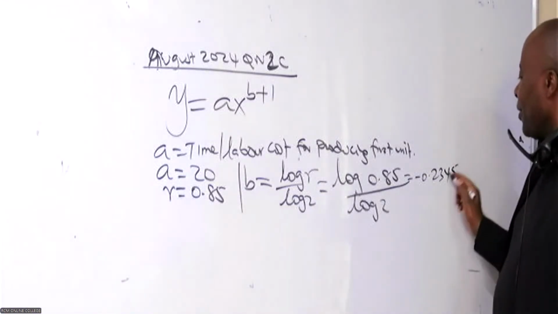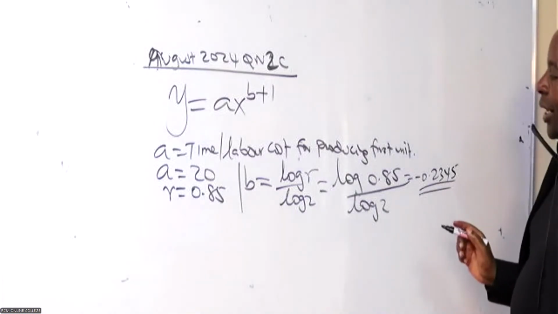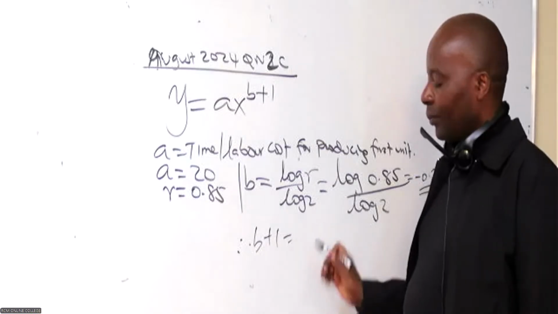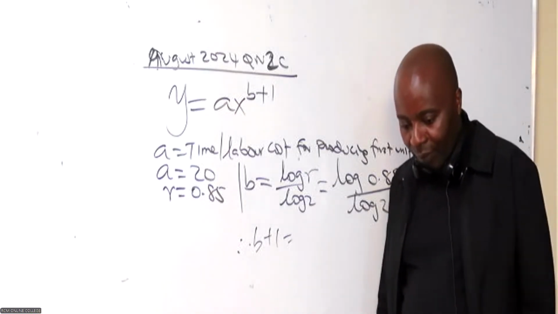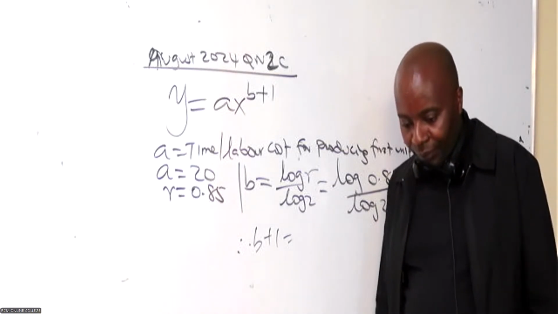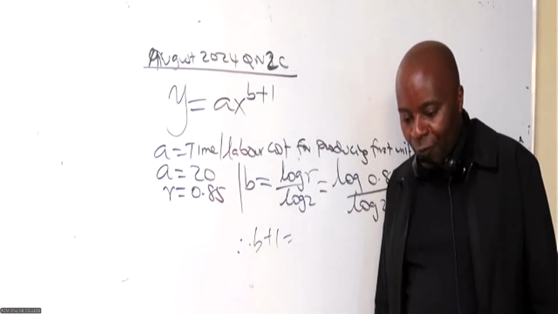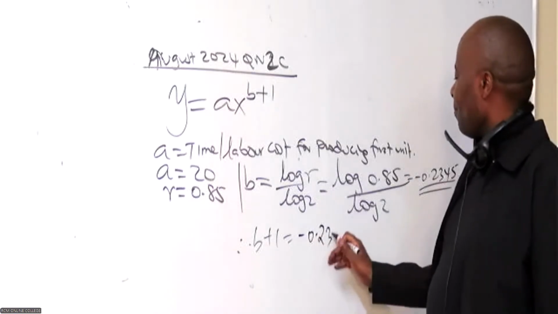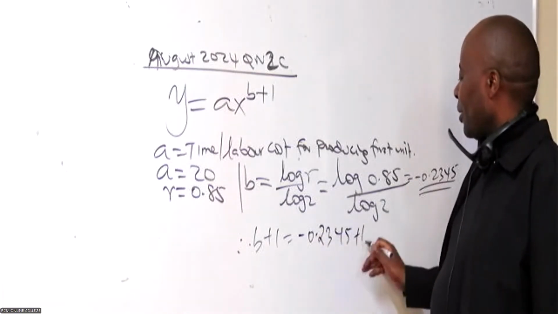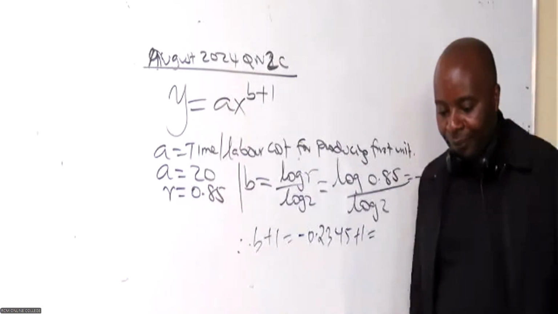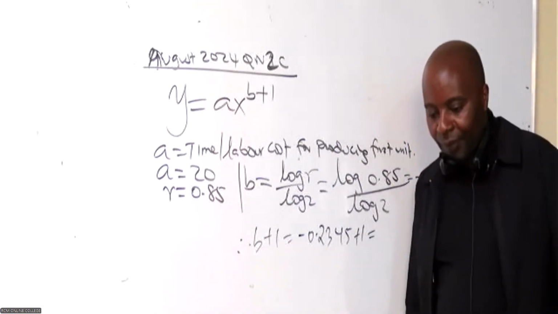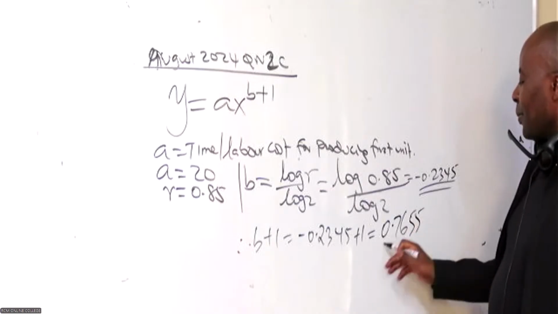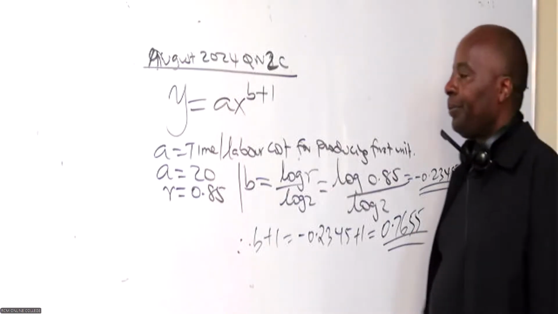And therefore B plus 1 will end up giving us 0.7655.